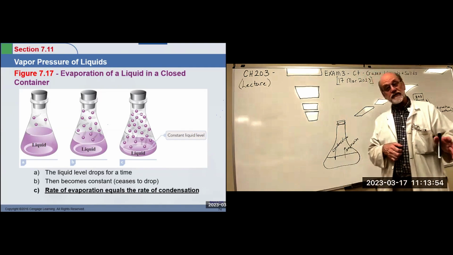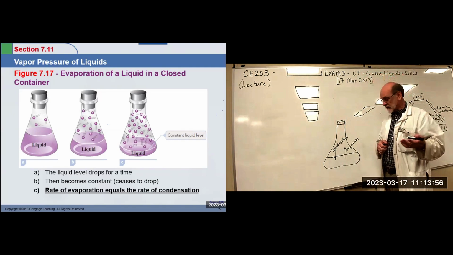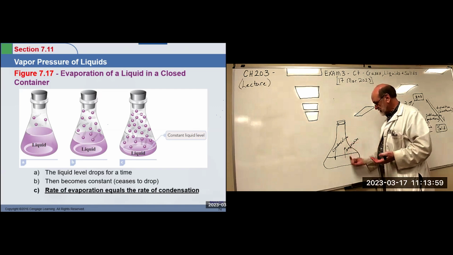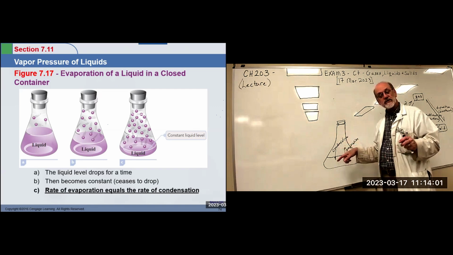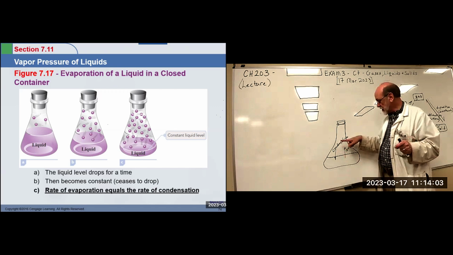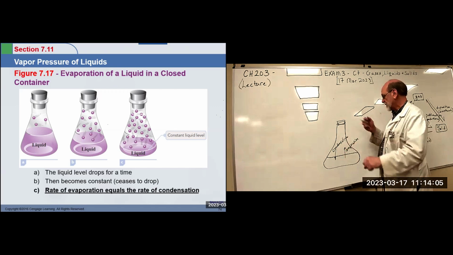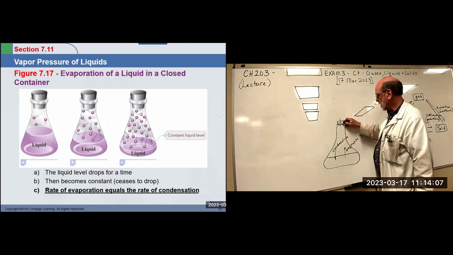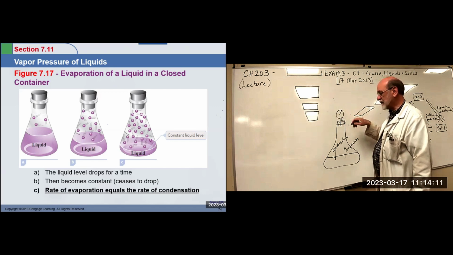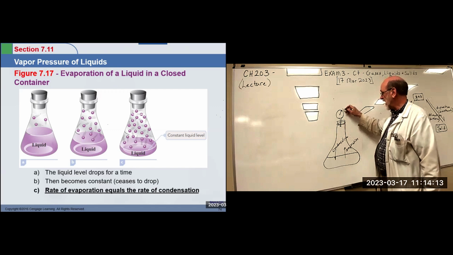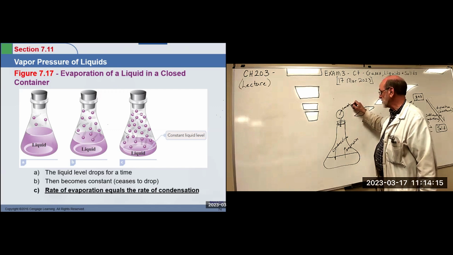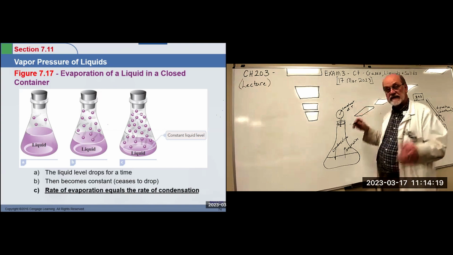But there's something else that also remains constant. When these two rates, evaporation and condensation, are equal, there is a pressure up here. We could put a gauge in it and measure the pressure. And that pressure would be constant at a temperature.